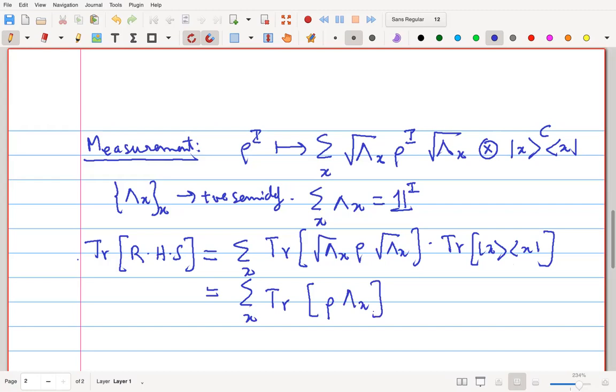Again, I'll use the linearity of the trace. So this is trace rho. I'll move the summation inside lambda x. Let's see. But now I know this is trace rho, and this was identity, right?